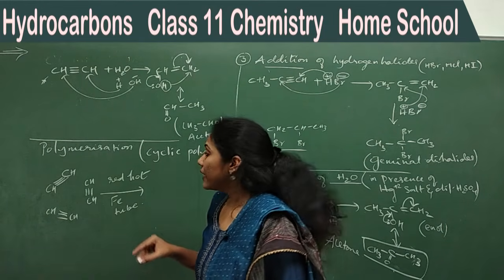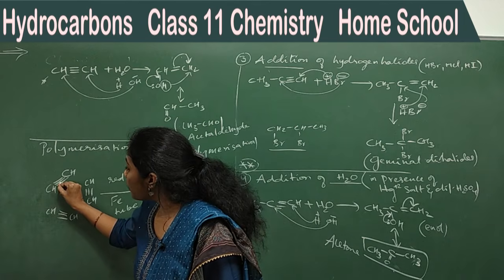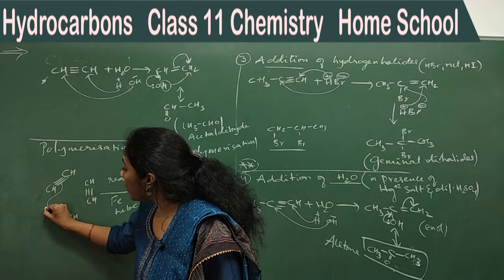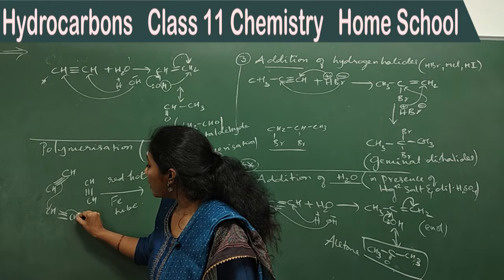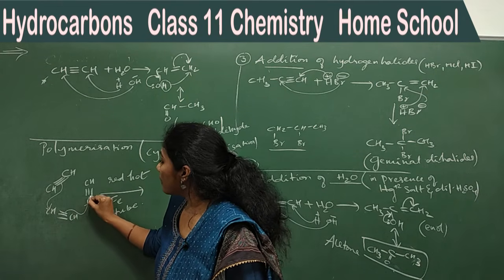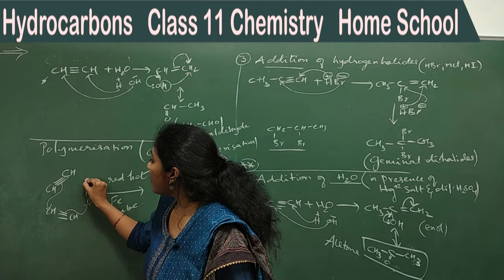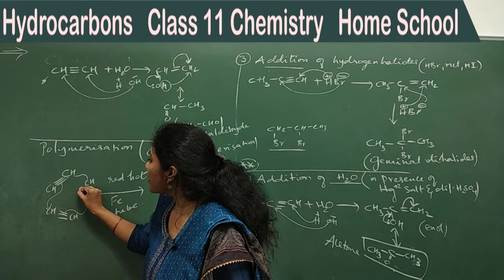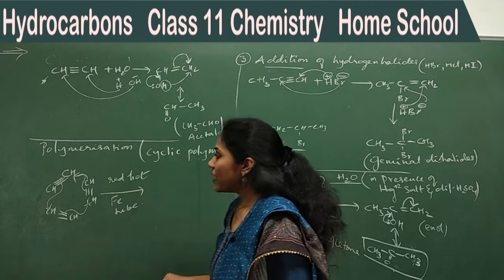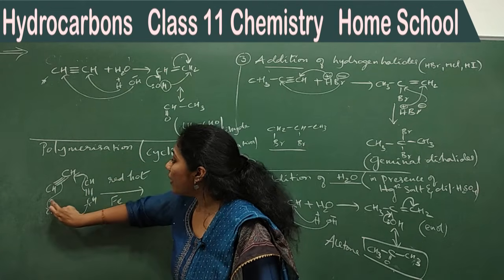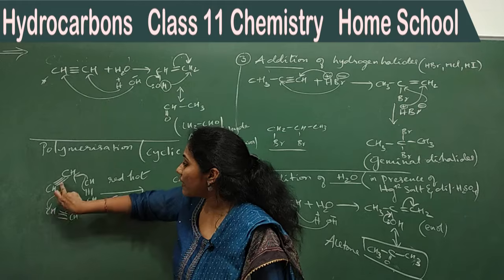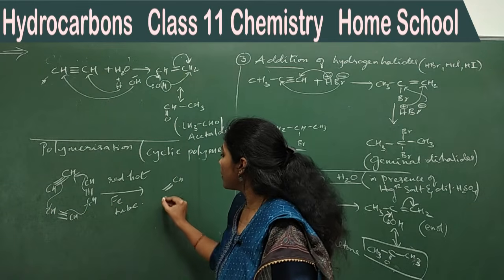Polymerization takes place. That means one of the pi bonds will make a bond with this carbon. Here, one of the pi bonds makes a bond with this carbon. One of the pi bonds here makes a bond with this carbon. So what is the product you will get? CH, and here the pi bond made a bond with the next carbon. That means here you have only a double bond, CH.